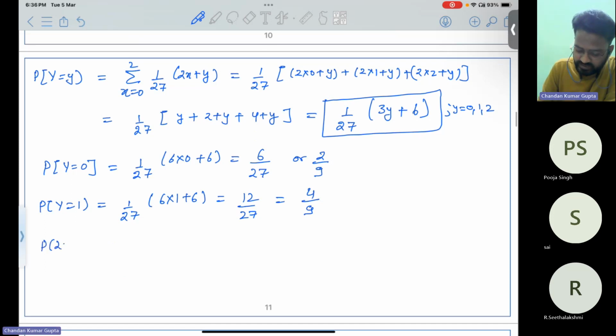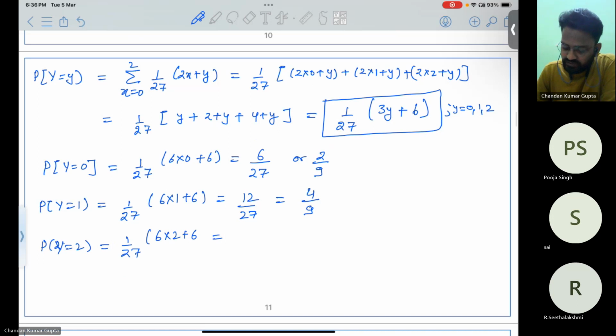The last one is probability that y equal to 2, which is equal to 1 upon 27, 6 into 2 plus 6, which is equal to 18 upon 27. It can be written like 2 by 3 or 4 by 9.